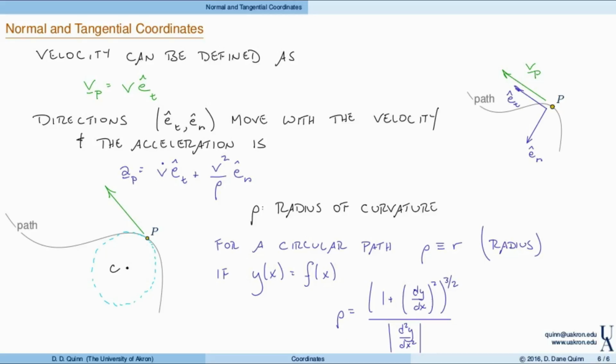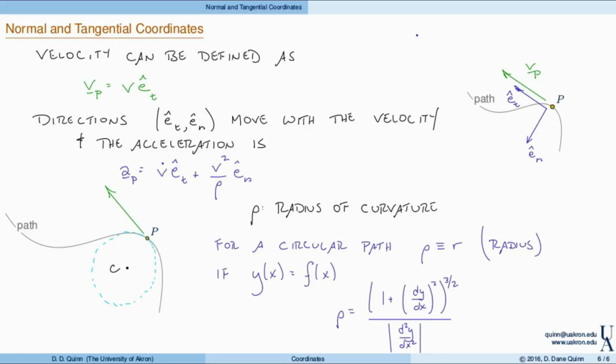So this is the definition of the radius of curvature. More often than not, we'll use this in examples where the path is circular or the radius of curvature is given. So again, for circular paths, the radius of curvature is identically equal to the radius.